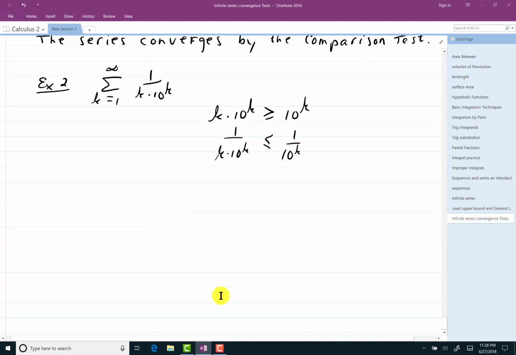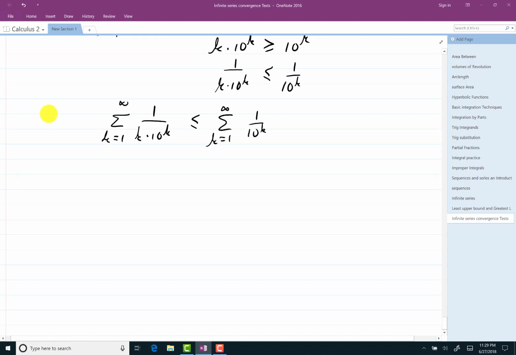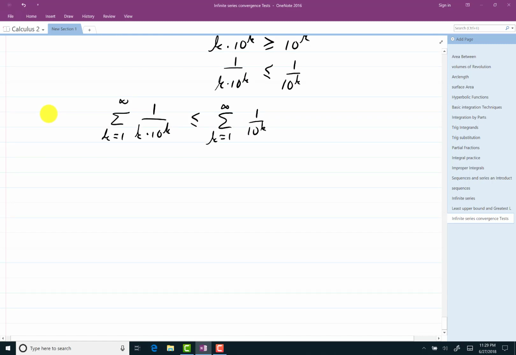Let's go ahead and throw this in. Here's a sequence of inequalities that we now have. I have the sum of 1 over k times 10 to the k is therefore going to be less than or equal to the sum from k equals 1 to infinity of just 1 over 10 to the k. And this here is a geometric series, so we know it converges. But if you want, you can go one step further.